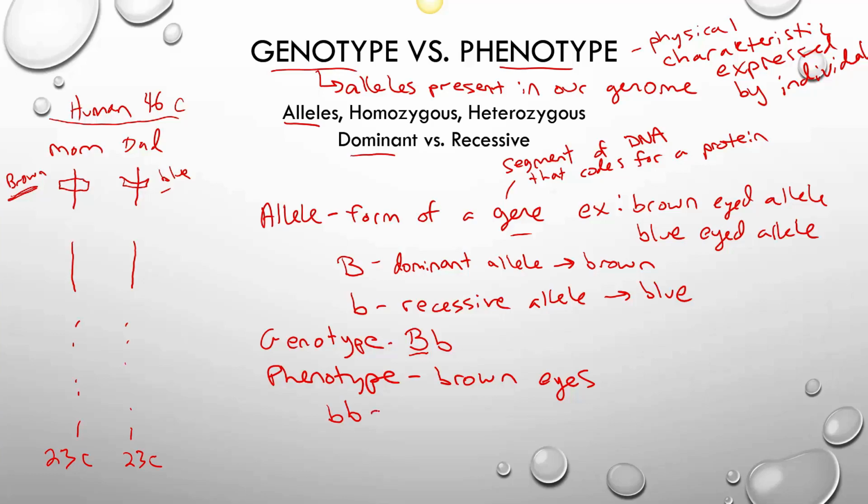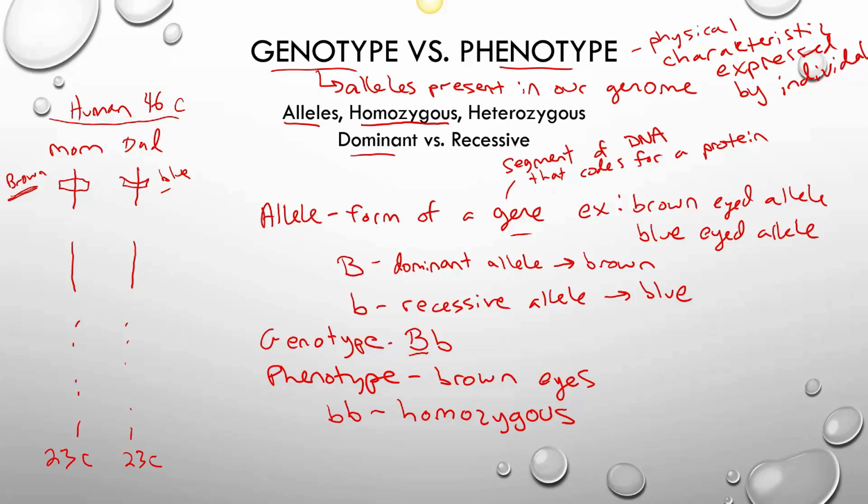This is considered homozygous. So homozygous has to do with having two of the same types of alleles. In other words, homo means the same, and zygous is talking about what alleles are present in the developing zygote.